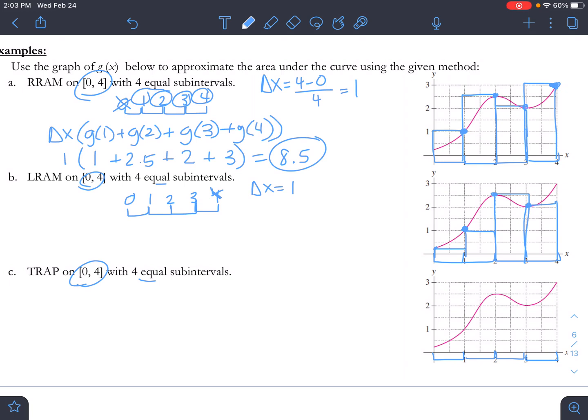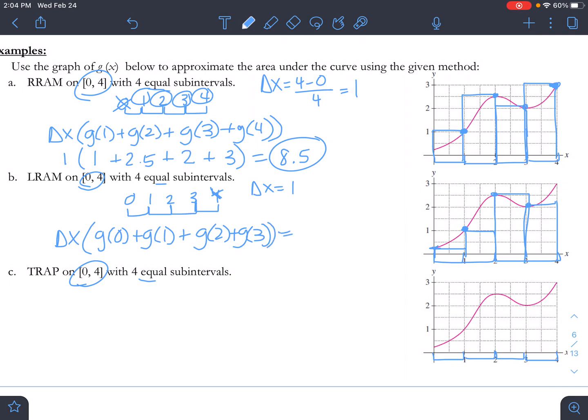Okay, so delta x times, this would be now g of 0 plus g of 1 plus g of 2 plus g of 3. Okay, and we'll say that we're at a quarter here, so 0.25.